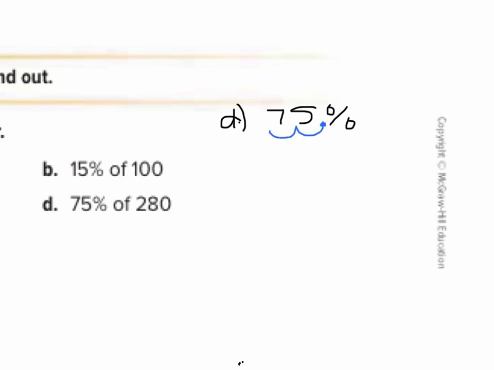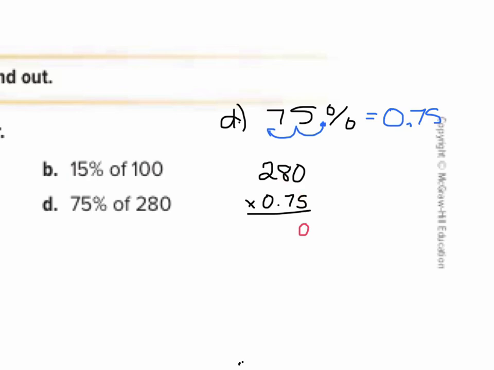We're going to move it back twice to the left. So this becomes 0.75. And then we're going to multiply 280 by 0.75, or 75 hundredths.